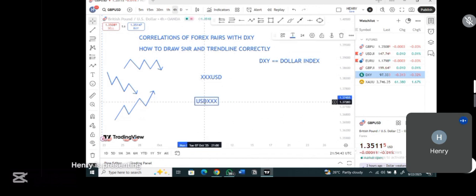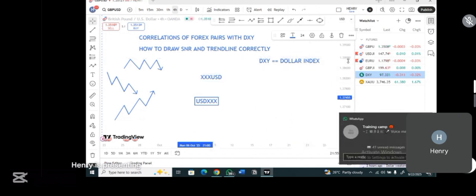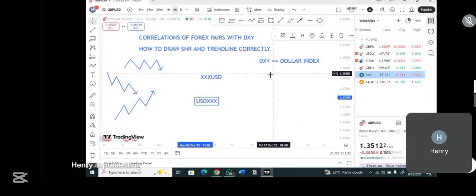XXX USD simply means Forex pairs which have USD as the quote currency. Let me explain again. XXX USD can be any pair that has USD in it, but USD is the quote currency, and the other currency is the base currency. That's XXX USD.